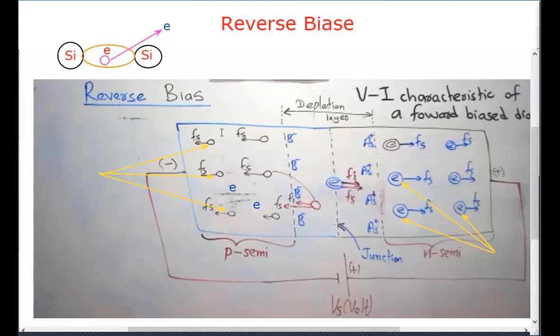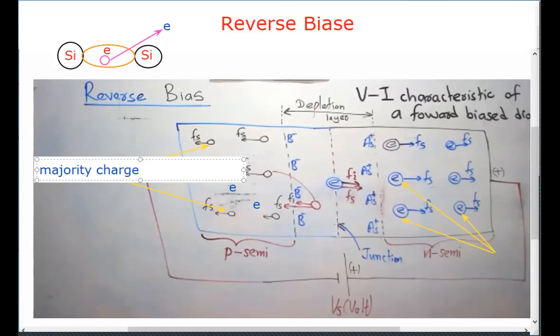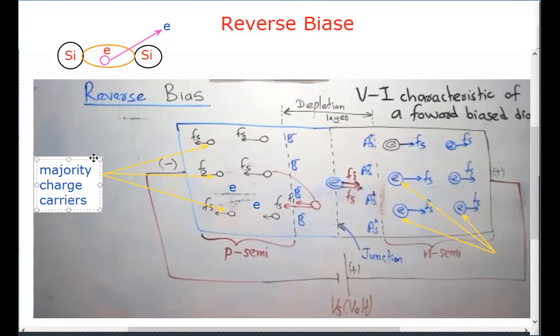But the larger number of holes will be in the P semiconductor. Therefore, for a P semiconductor, holes are known as majority charge carriers, or current carriers. Who are the majority charge carriers in a P semiconductor? Holes, sir. But in addition to these holes, there are some free electrons.